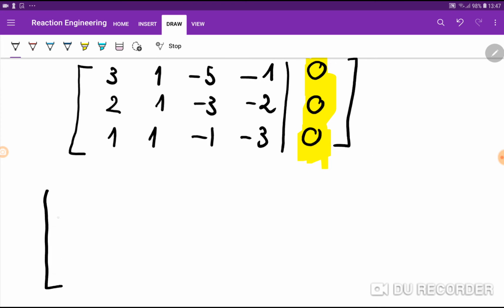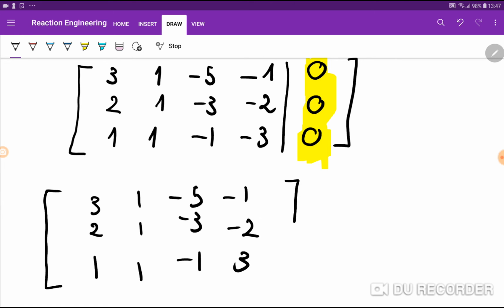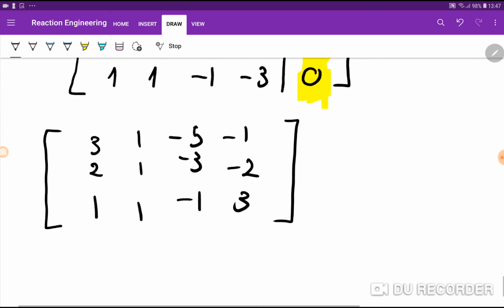No matter what operation you do, 0 times something minus 0 times something, or whatever you do, it's still 0, so it doesn't matter anymore. Okay, we're gonna write it like this.